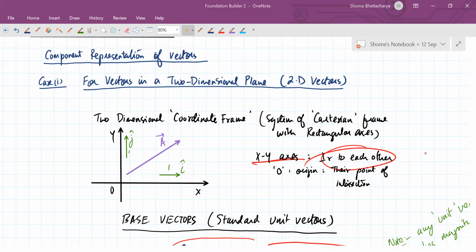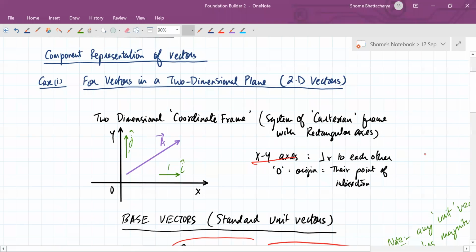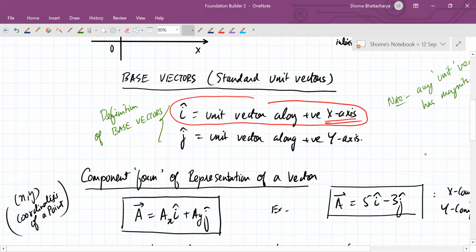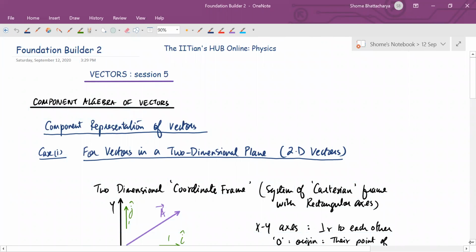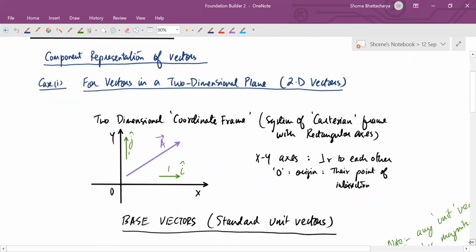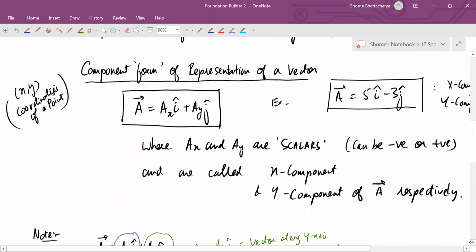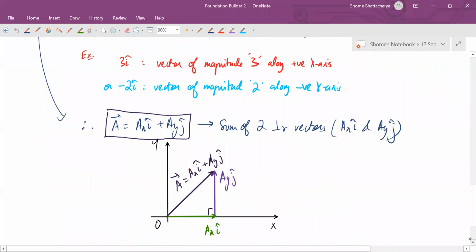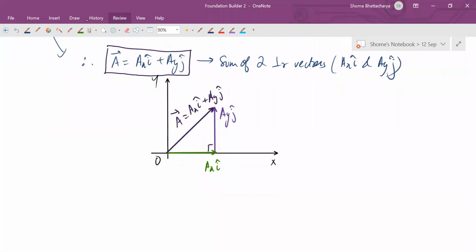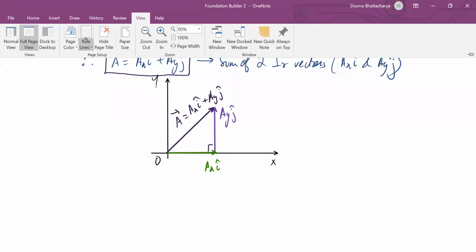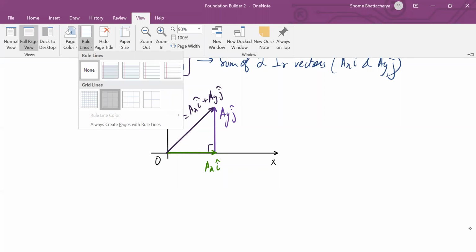We are always using the rectangular coordinate system. So the moment we are using the rectangular coordinate system, by default, what is happening for us? The unit vectors are defined in such a way that they are perpendicular to each other.